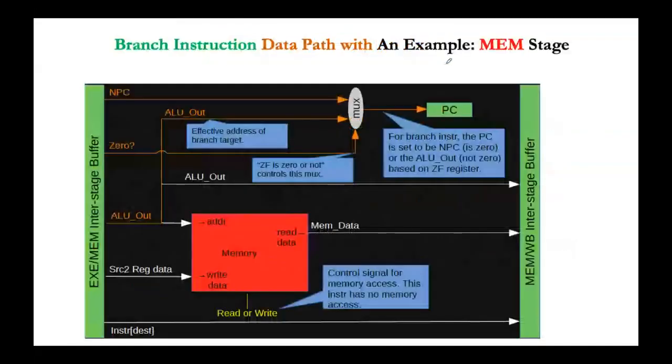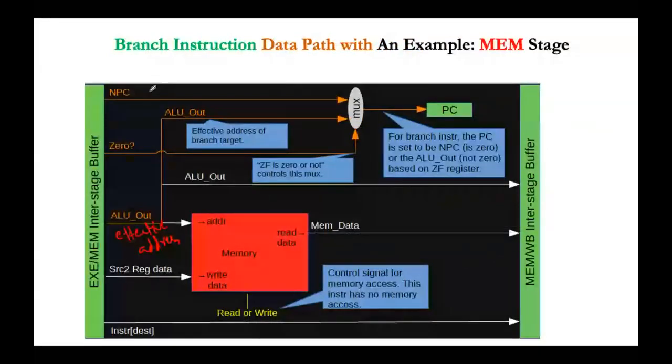Let me recall this for you. In our branch instruction data path, the ALU output is the effective address which is calculated. That effective address is given as an input to the multiplexer.